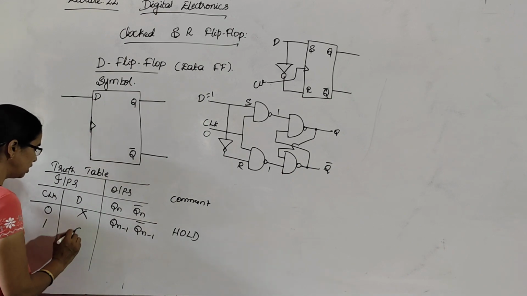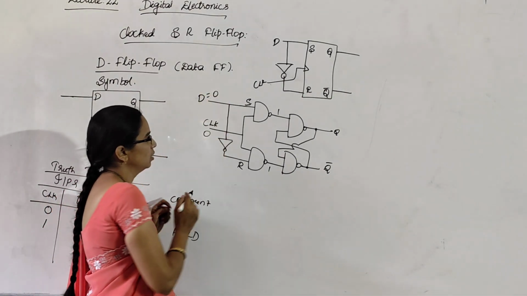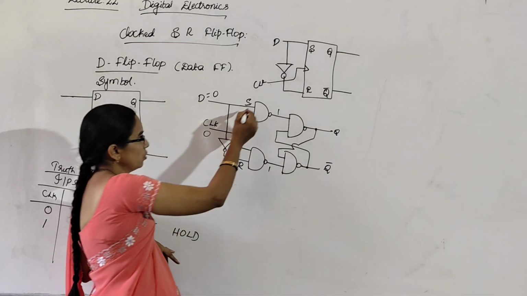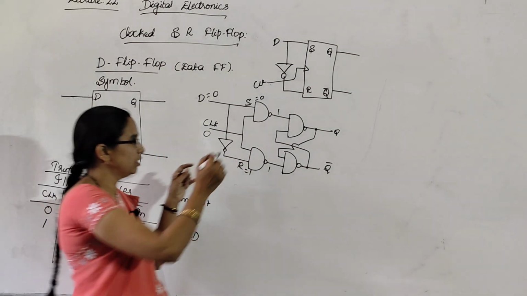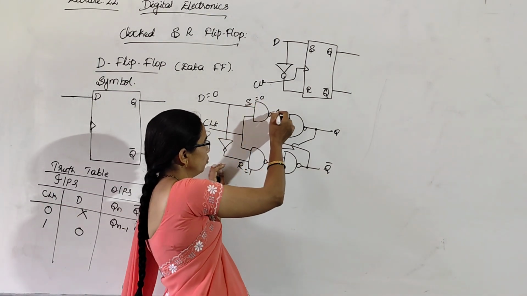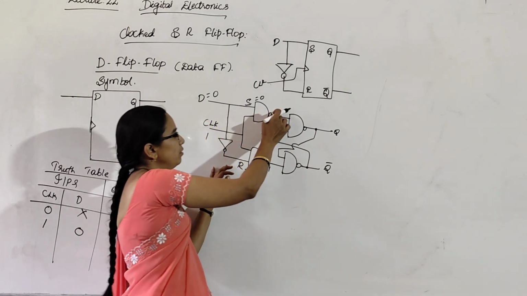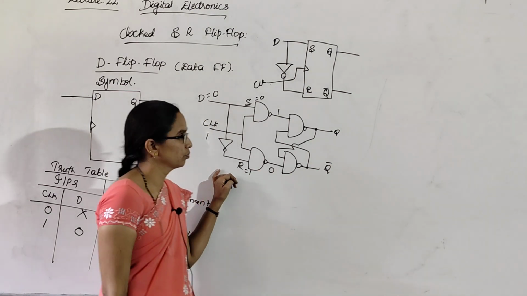Whenever the clock is 1, D is 0, S is equal to 0 and R is equal to 1. When S is equal to 0, the output will be 1, and with 1 and 1 the output will be 0.